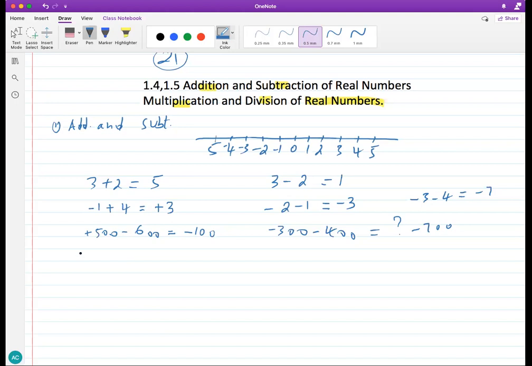So let's write those rules here. So we can say same sign or different signs here. So different signs: keep the higher sign and subtract.